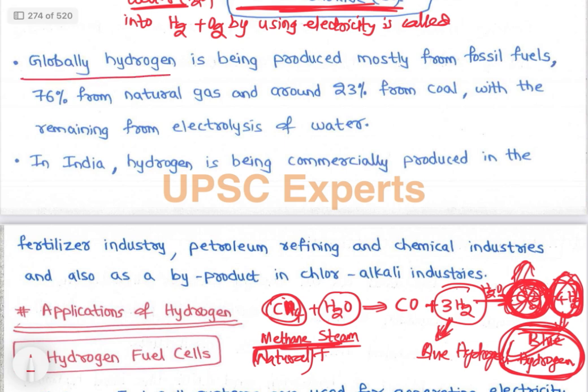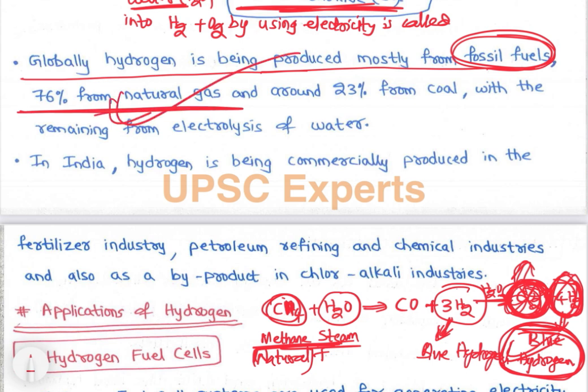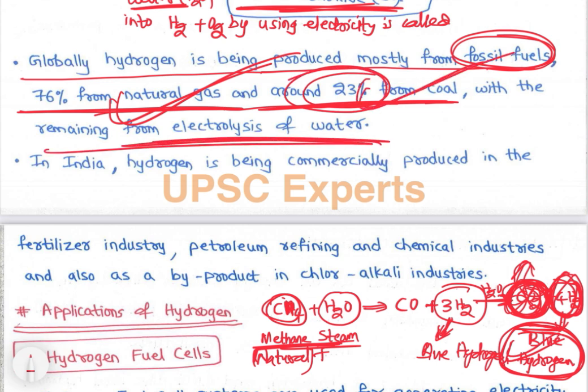Globally, hydrogen is being produced mostly from fossil fuels: 76% from natural gas, which is again a fossil fuel, and around 23% from coal, with the remainder from electrolysis of water. Just 1% of hydrogen is made from electrolysis of water.